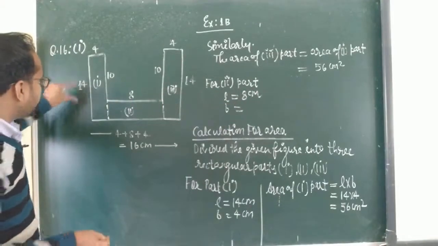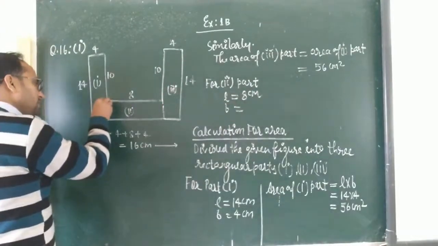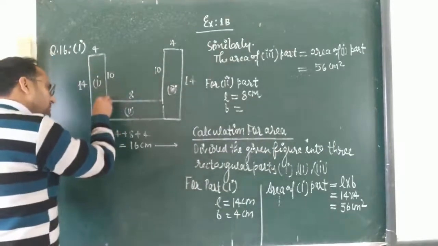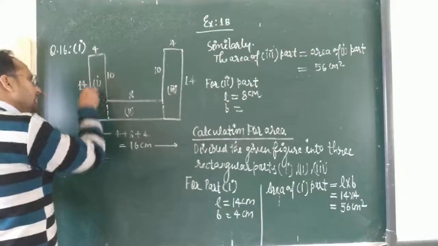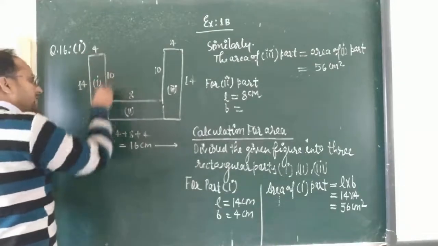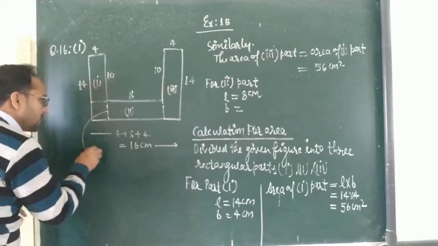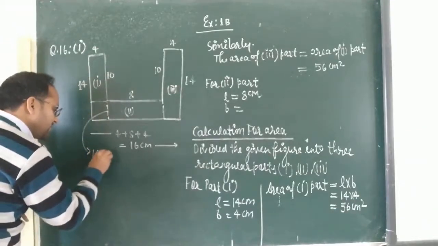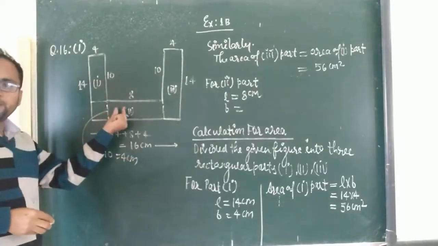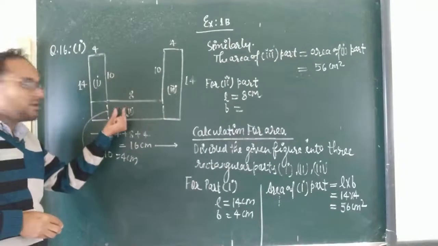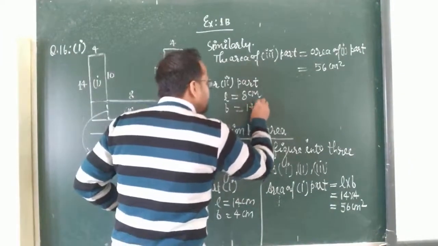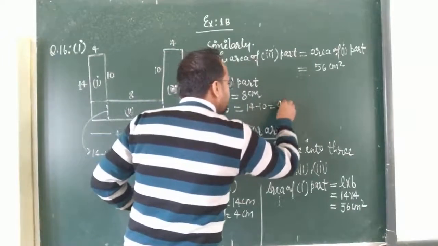Total is given as 14, and up to here it is 10. So breadth is equal to 14 minus 10. You will get 4 centimeter. So the breadth of part 2 is equal to 4.